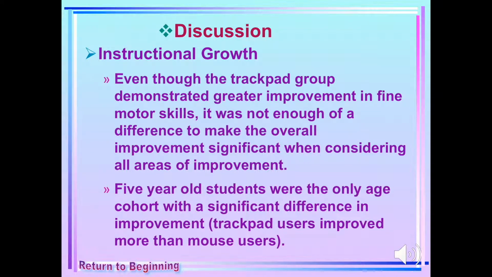Overall improvement when both fine motor and cognitive skills were considered: there was no statistical difference, even though the fine motor skills had been higher in the trackpad group. 5-year-old students were the only cohort with a statistical difference, with trackpad users improving more than mouse users.